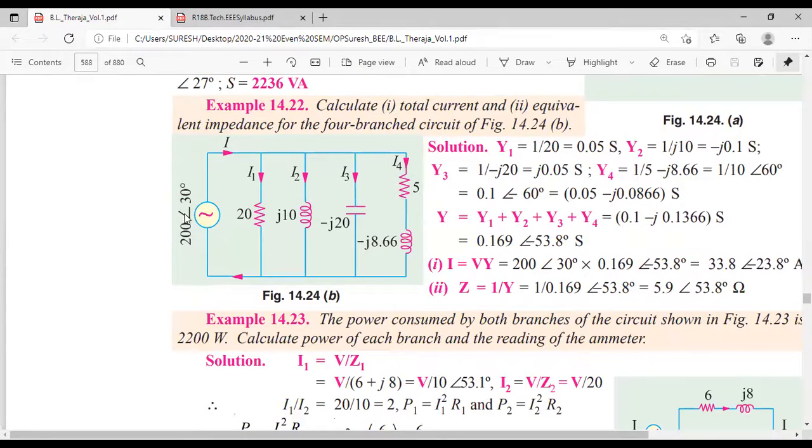This is the voltage, 200 at an angle 30 degrees. After drawing the circuit, you inform me. Question and circuit.